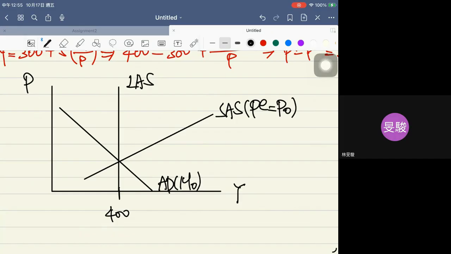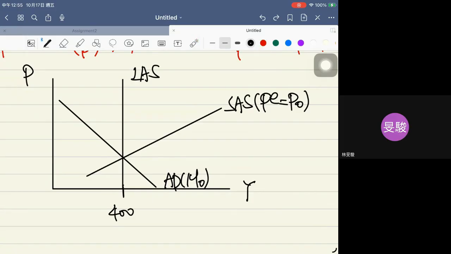It's not a change along the line. It's just a shift of the line, because it's an exogenous variable. If it were an endogenous variable, it would move along the line. I hope you know the difference. The endogenous variables are Y and P, and the exogenous variable is a variable which is not on the Y and X axes.